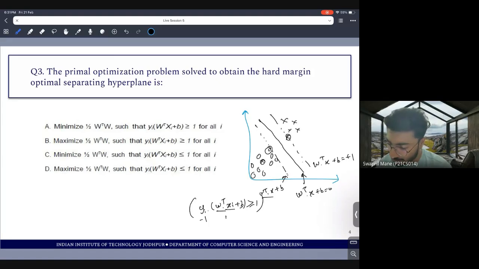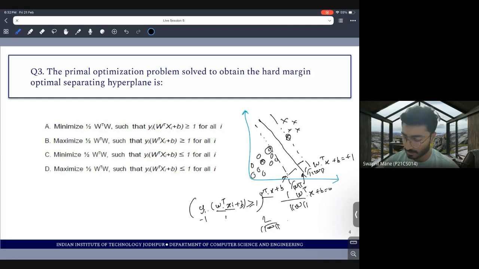The distance between the hyperplane and the margin, as we saw, is 1 divided by the magnitude of w. This one is 1 divided by the magnitude of w, and this one is also 1 divided by the magnitude of w. So in total we get 2 divided by the magnitude of w.